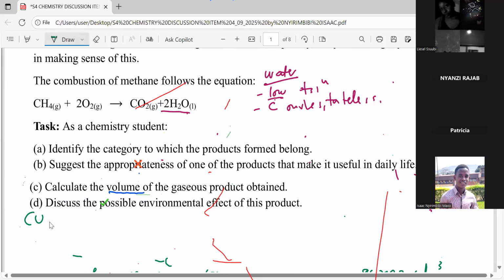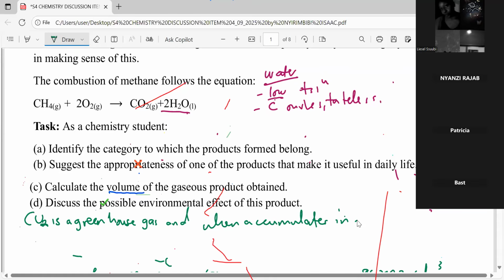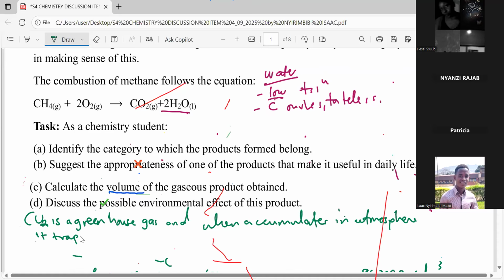And once it accumulates in the atmosphere, it traps heat, which causes global warming. That is one. Number two, carbon dioxide accumulates in the atmosphere. I want one point. When it accumulates in the atmosphere, it traps a lot of heat that causes global warming.